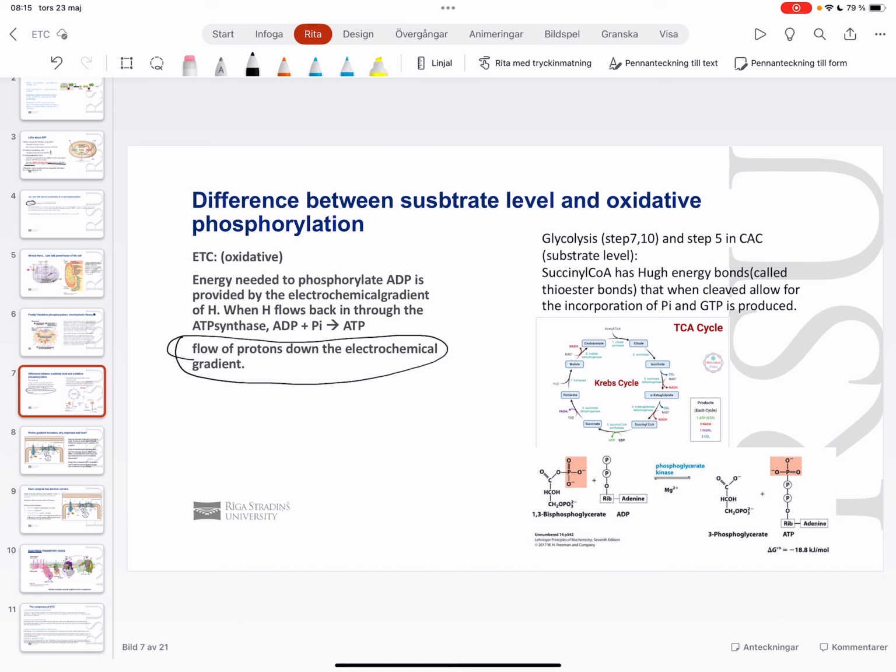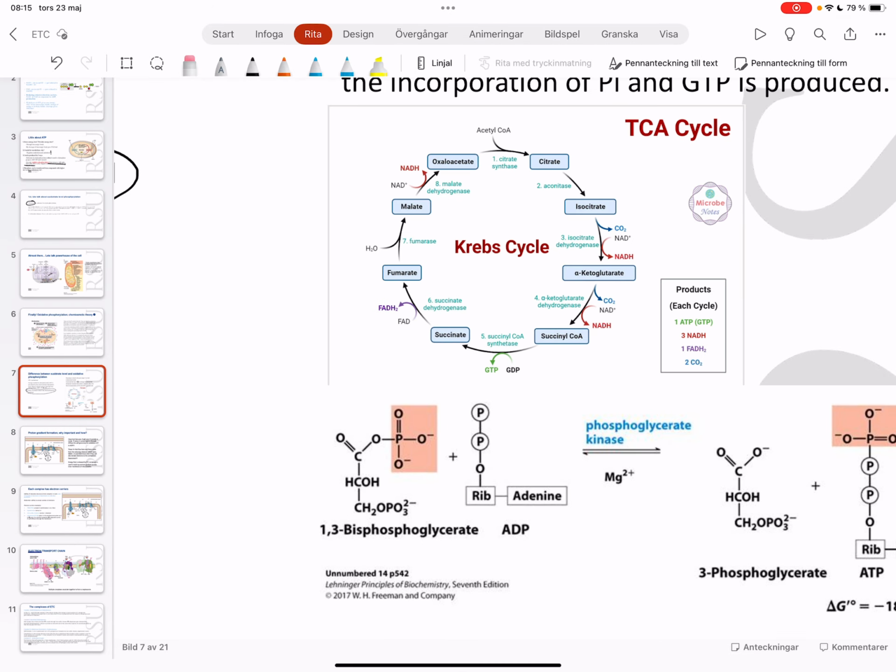Then in glycolysis, we will have substrate level phosphorylation, which will happen in step number 7 and 10. And step number 5 in the citric acid cycle will also be substrate level. So, in step number 5, here is where we will produce GTP. And 1 GTP equals 1 ATP, so it's basically the same thing.